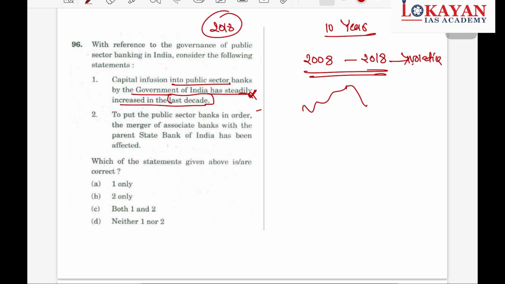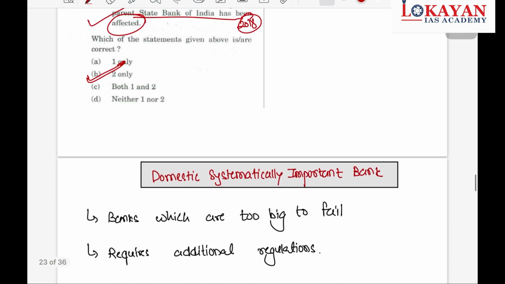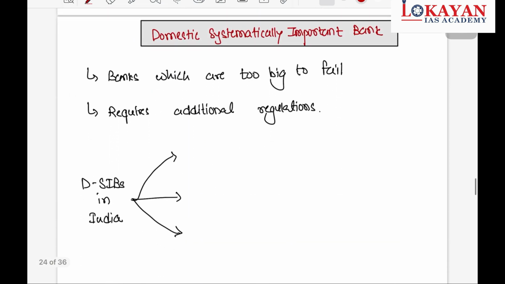Remember this. Then the second statement: to put the public sector banks in order, the merger of associate banks with the present State Bank of India has been effected. This is a correct statement. This was in the news in 2018. So only the second statement is correct. So 2 only is the correct answer. Now let's see another important term which is in the news, that is the domestic systemically important bank.